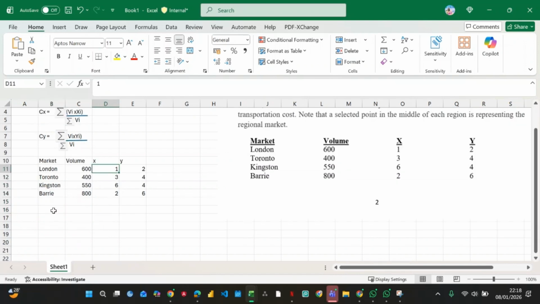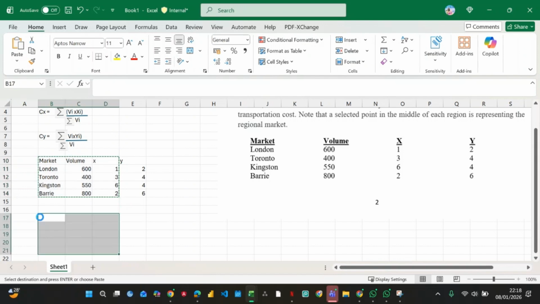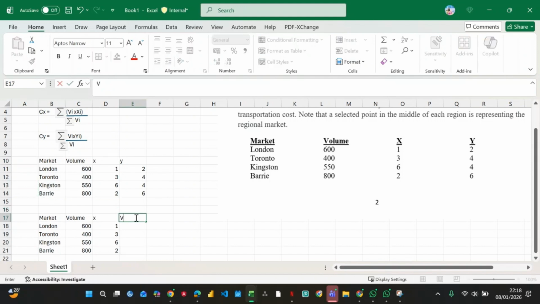We already have our x here, so let's do v multiplied by x for this one. We just want to focus on x, so I want to do v multiplied by x. What are we going to get?